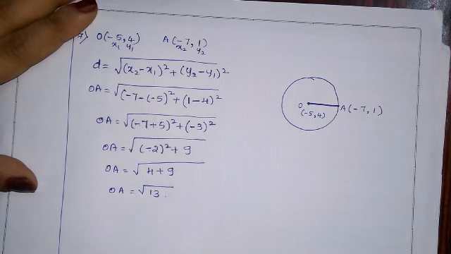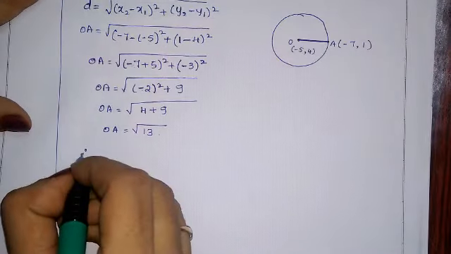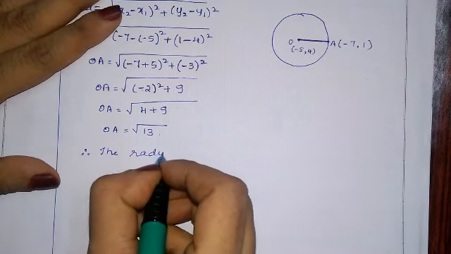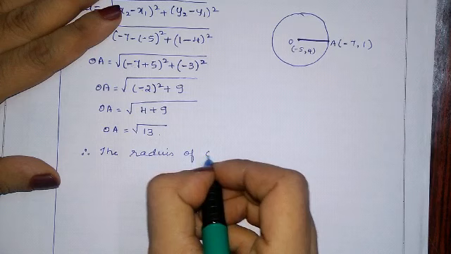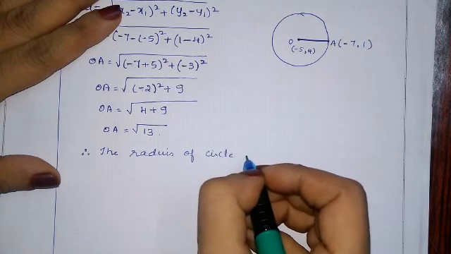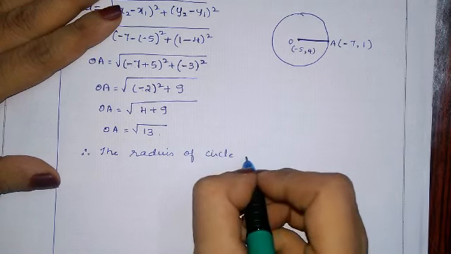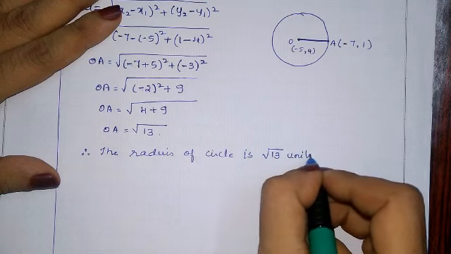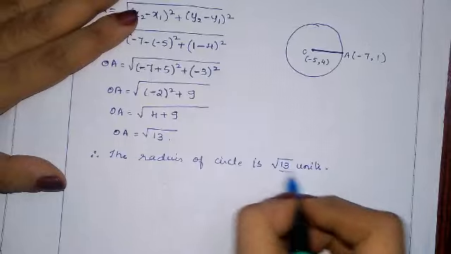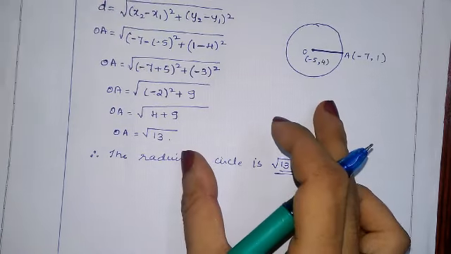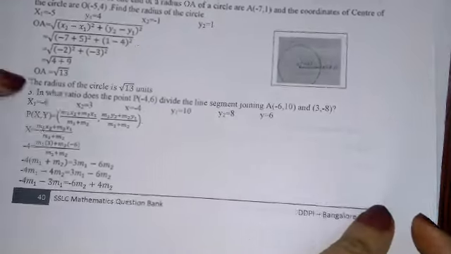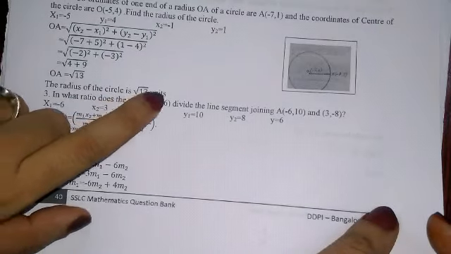So you should write: therefore the radius of the circle is root 13 units. So this is the answer.